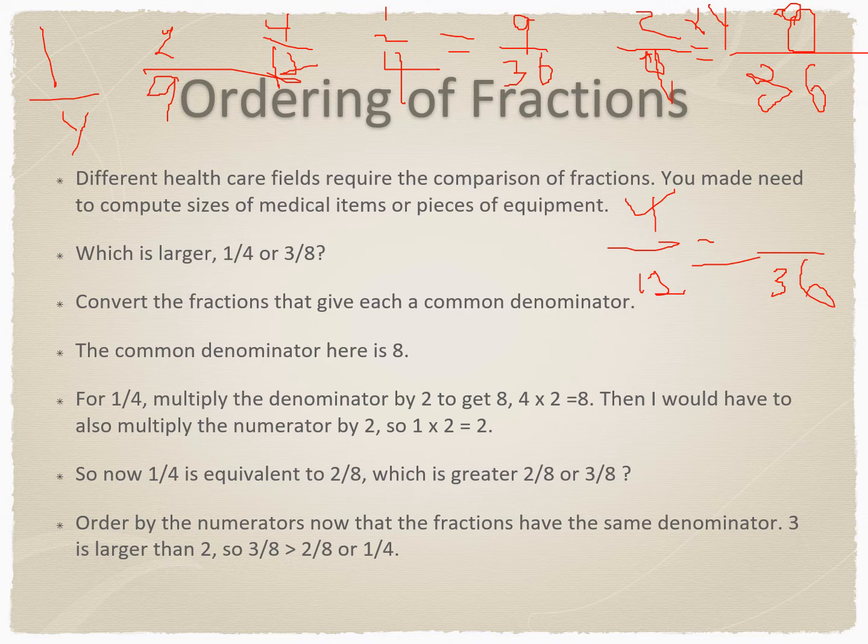I multiplied this by 3, so I have to multiply this by 3. So I got 12 over 36. So now all these numbers have a common denominator, so I'm able to compare these numbers much better.